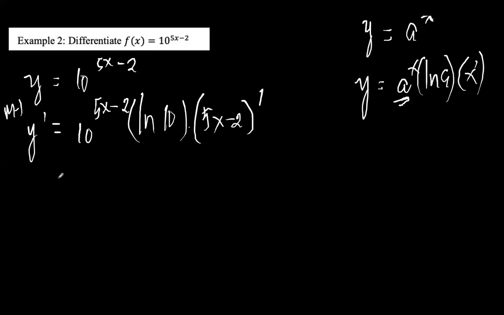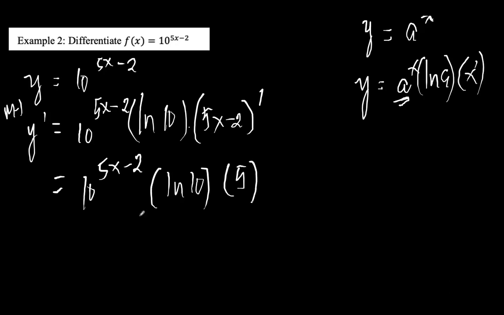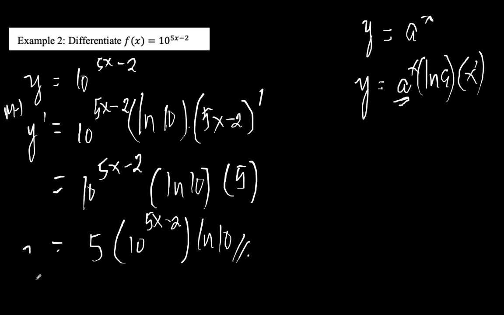Okay, so we're not doing it directly as we could. And we can now simplify. So 10 raised to 5x minus 2 times ln 10 times, the derivative of this is 5. So we have 5 times 10 raised to 5x minus 2 times ln 10. Okay, this is y prime.